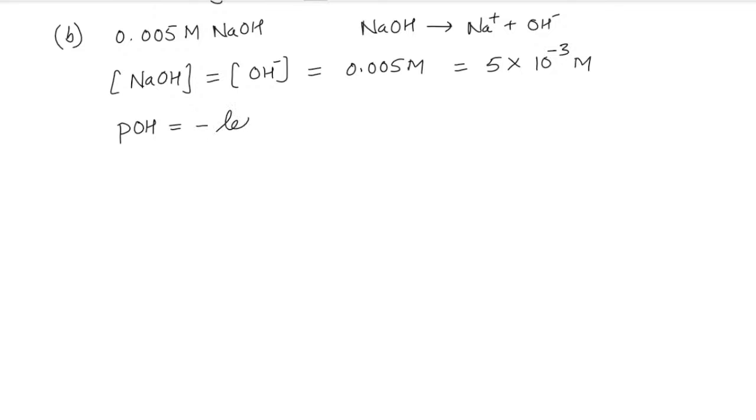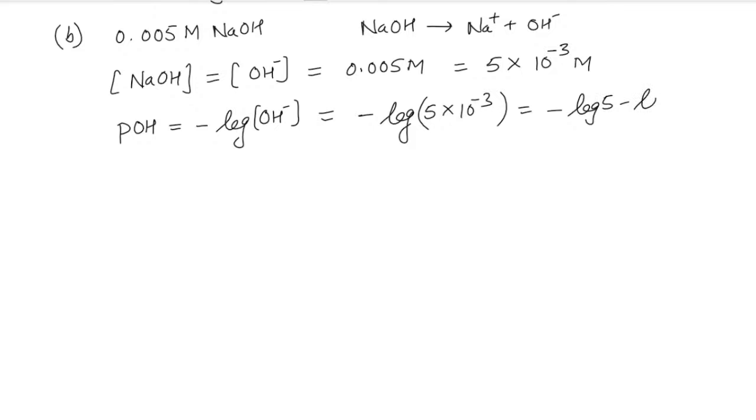To calculate pOH, it is minus log of OH negative, just like pH is minus log of H plus. So it is minus log of 5 into 10 raised to power minus 3. So it becomes minus log of 5 minus log of 10 raised to power minus 3. So pOH equals minus 0.699 plus 3.